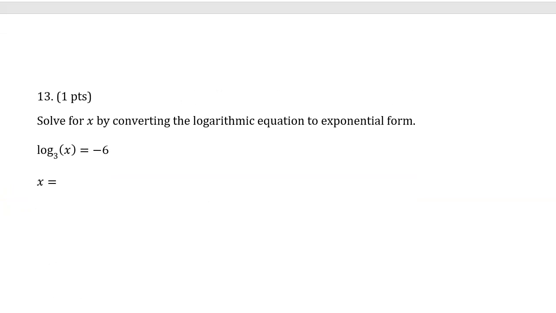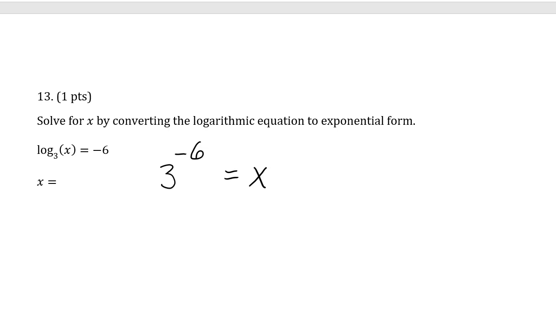Let's take a look at the next problem. In this problem, we're asked to solve for x by converting the logarithmic equation to exponential form. Again, we're going to convert by taking the base, which is 3, raising it to the -6 power, and setting it equal to x, the answer part position. Now, 3 to the -6 may be one you're not familiar with. If you're not, grab your calculator like I'm doing right now and figure out what 3 to the negative 6 is.